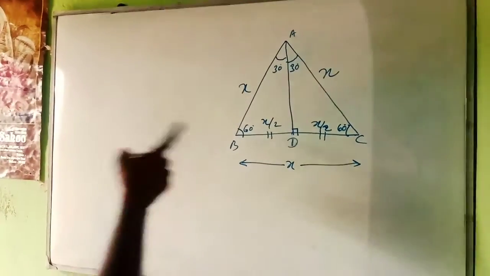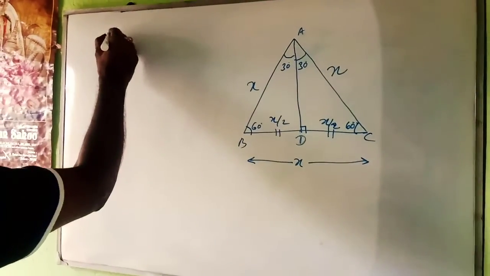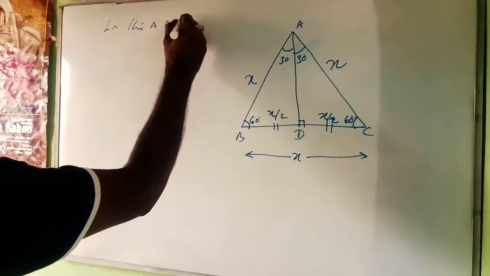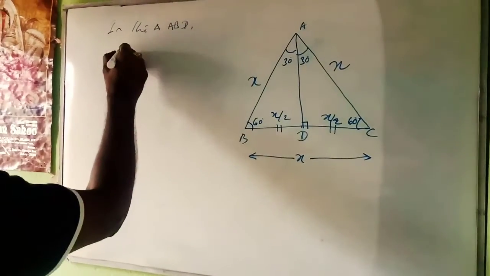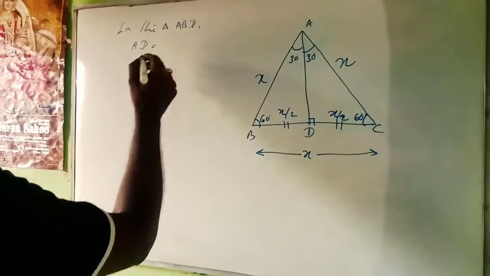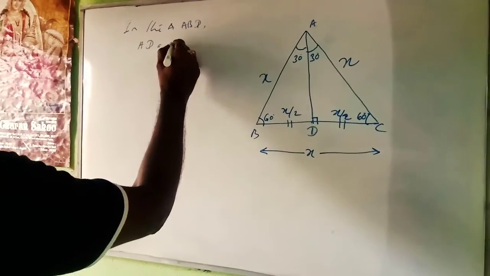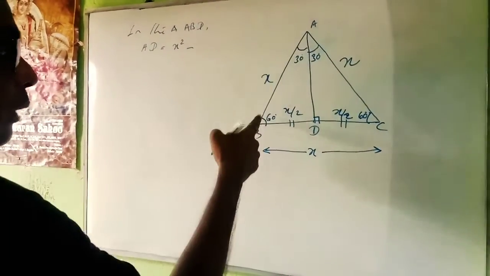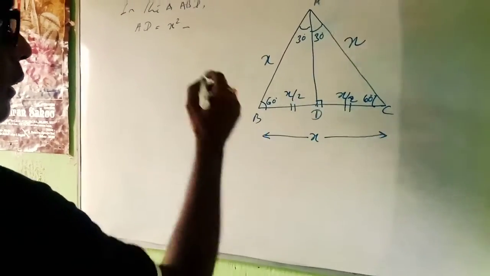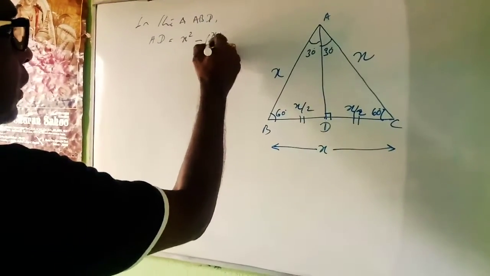Now you see the triangle ABD. It is a right angle triangle. How to find out AD? AD means the perpendicular. Using the Pythagoras theorem: the square root of x square, that is the hypotenuse, minus x by 2 whole square.